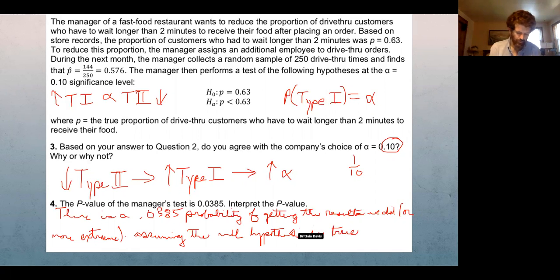Okay, and that's really almost the definition of a p-value.